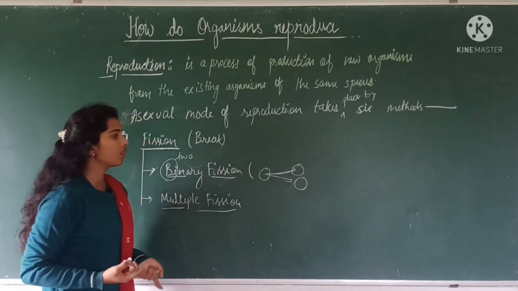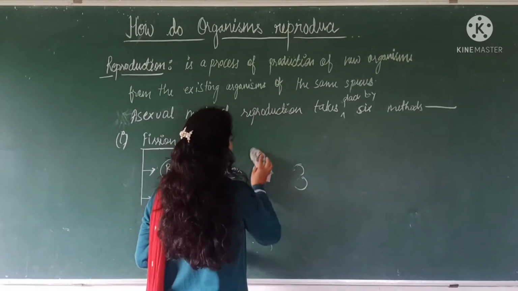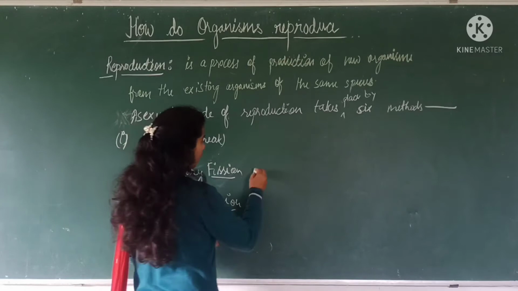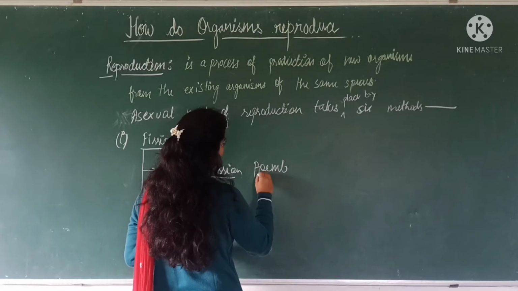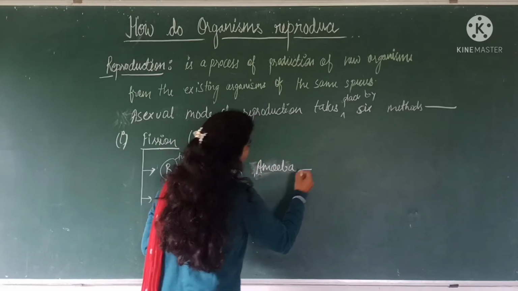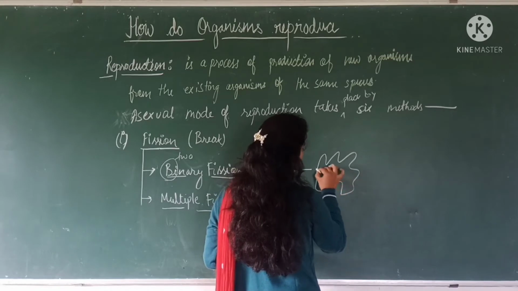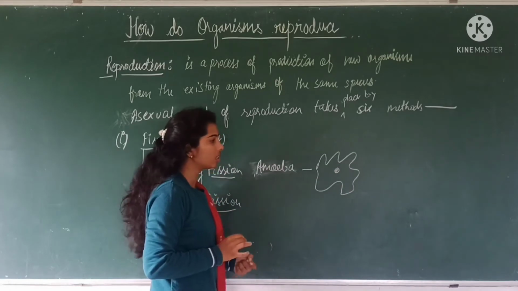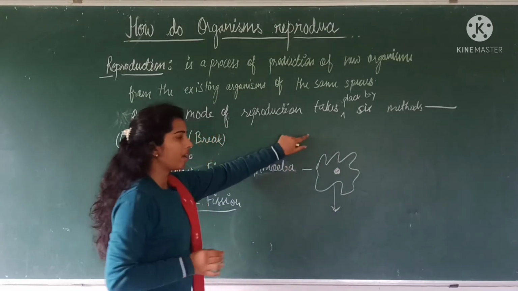Just like that, an example of binary fission is that binary fission takes place in amoeba. Amoeba does not have a definite shape. This is the parent amoeba.